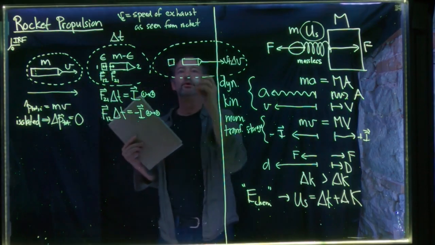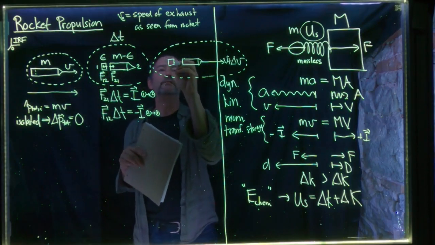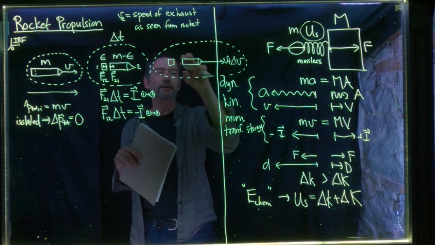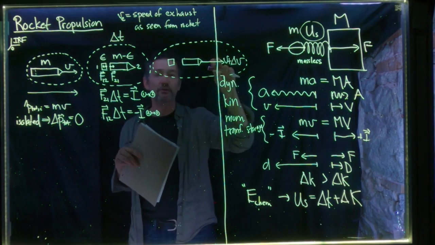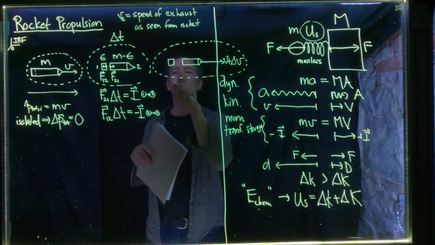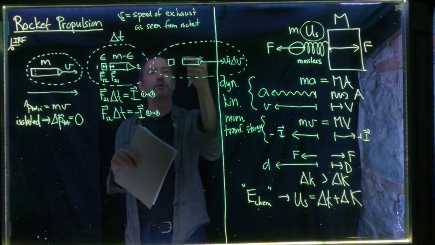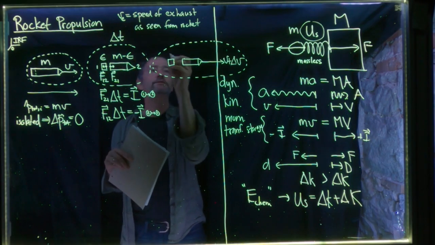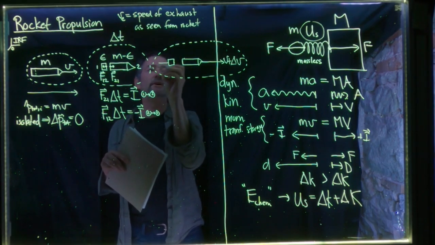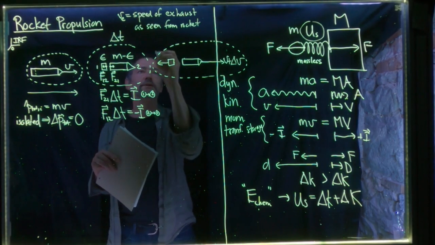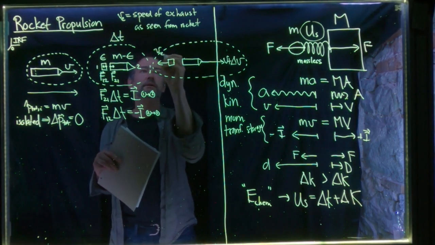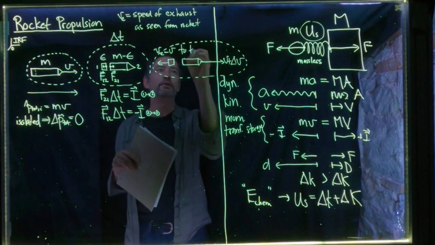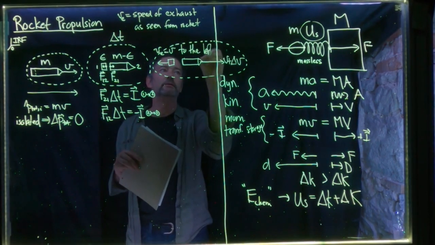The speed of this chunk to the left is VE, but it's being thrown off of an object that's moving to the right with a speed V. So the speed of this chunk of exhaust gas particles to the left is not VE, it's a little bit less than VE. It's VE minus V. This is a velocity to the left.